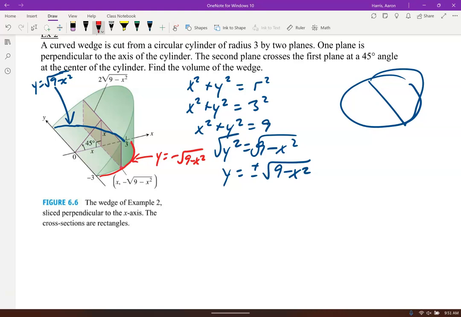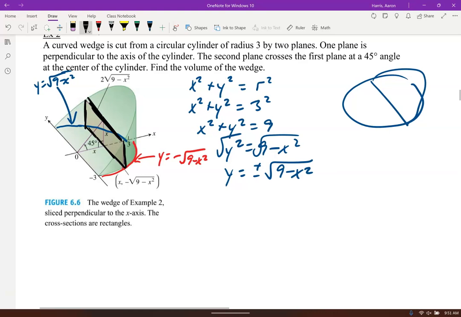So we've got this rectangular cross section. If you can see, let me kind of highlight. So here's our slice right there. If I was blowing that up, notice the area of this would be length times width, correct?